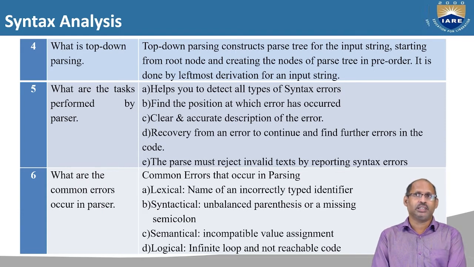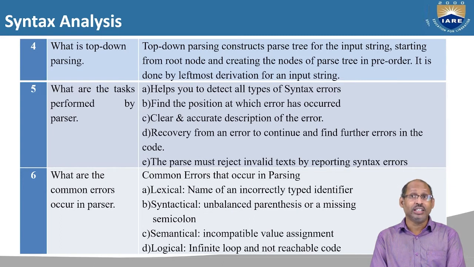The top-down parsing method constructs the parse tree from the input string, starting from the root node and creating the nodes of the parse tree in pre-order. It is done by leftmost derivation for the input string.